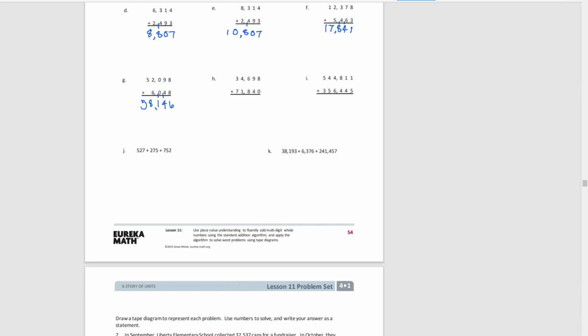For H, we have 8 ones, 13 tens, 15 hundreds, 6,000s, and 10,000. 10 10,000s, which would be 100,000.